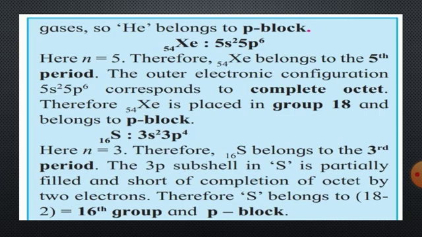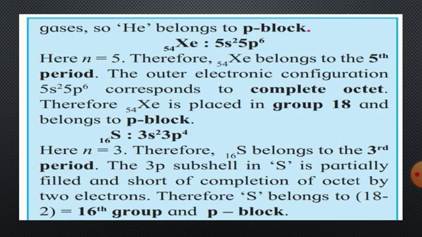And its outer electronic configuration is 5s2 5p6. So how many electrons are present in the outer electronic configuration? 2 plus 6, that is 8. So its valence shell is completely filled, corresponding to a complete octet.